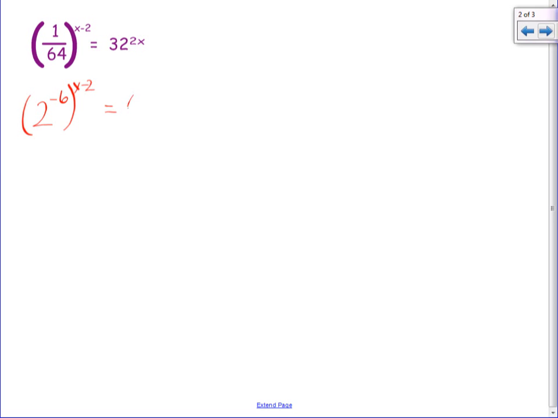Over here, we'll change 32 to its base number. 2 to the 5th. Same first step as the previous two problems. We changed it to base numbers. Next step was we multiply our exponents if we need to, simplify them. So we've got 2 to the what? Yep. 2 to the... Okay, so we simplified our exponents.